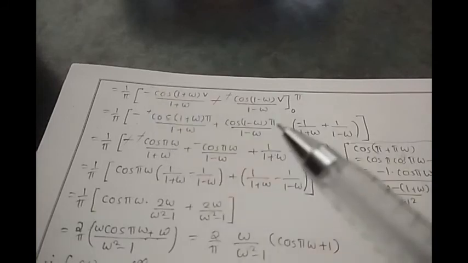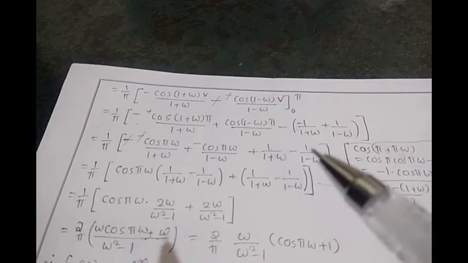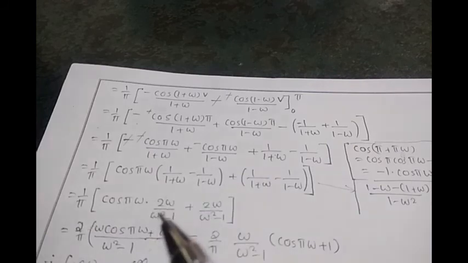Minus, lower limit is negative here. So negative of this minus is the upper limit minus lower limit, and this 0 you have to substitute here, so this minus will be there, minus cos 0 is 1 by 1 plus omega. Here also cos 0 is 1 by 1 minus omega, and we have seen that 1 by 1 plus omega minus 1 by 1 minus omega is 2 omega by omega square minus 1. We already have simplified before, and the simplification is shown here also.